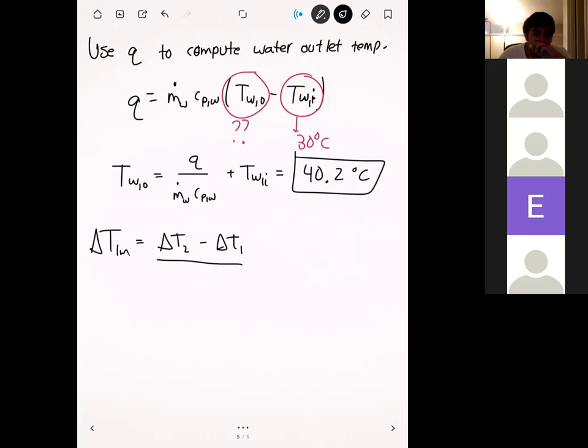And so the formula for that is delta T2 minus delta T1 divided by ln of delta T2 divided by delta T1, where delta T2, because this is a counterflow heat exchanger, is going to be the difference between the outlet oil temperature and the inlet water temperature.